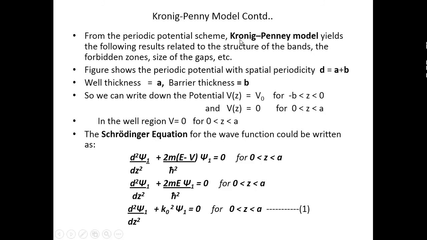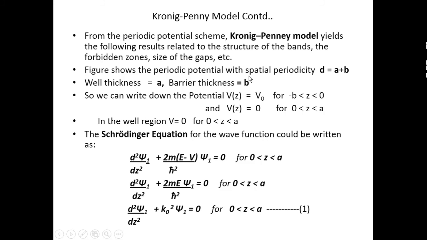From the periodic potential scheme, the Kronig-Penny model yields the following results related to the structure of the bands, the forbidden zones, the size of the gaps, etc. So the Kronig-Penny model essentially gives us information regarding how the band structure is, what the energy forbidden zones are, and the different sizes of the energy gaps. All this information we get from the Kronig-Penny model.